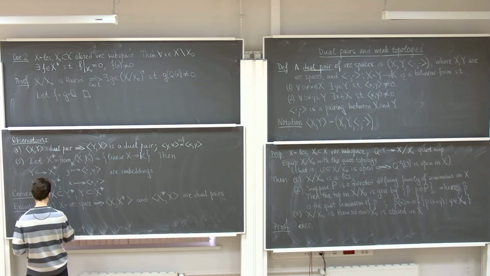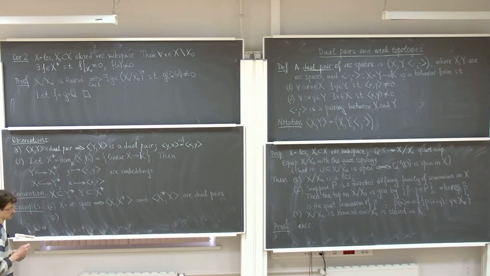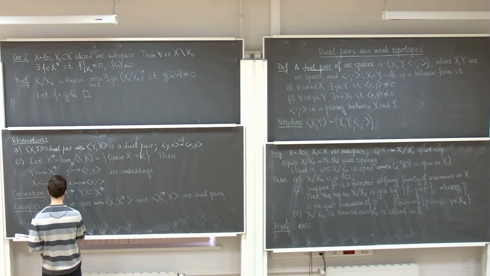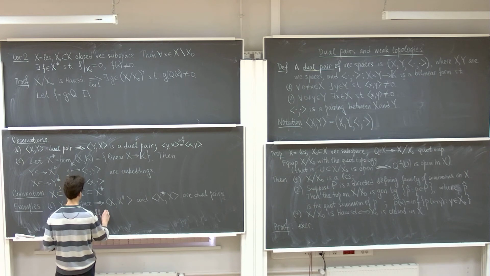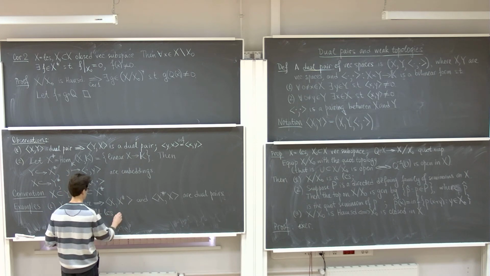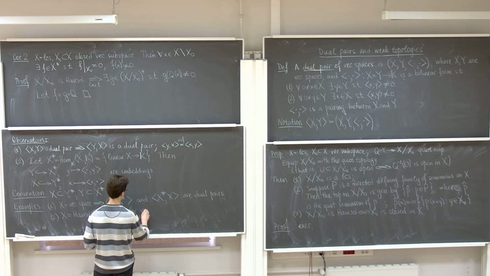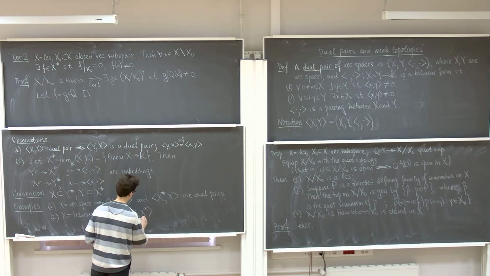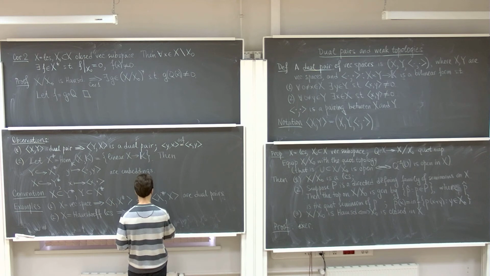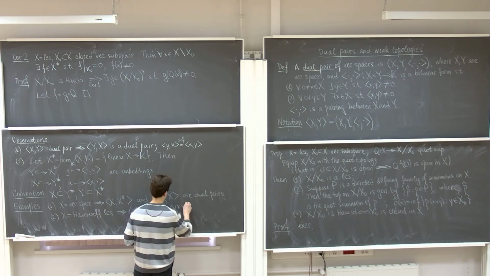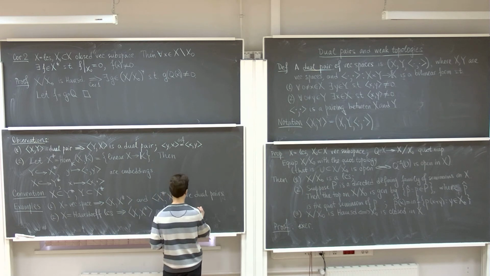And we have a topological analog of this example. Namely, suppose that X is a Hausdorff locally convex space. Then X and its topological dual, X star, that is the space of all continuous linear functionals, and X star and X, are dual pairs.